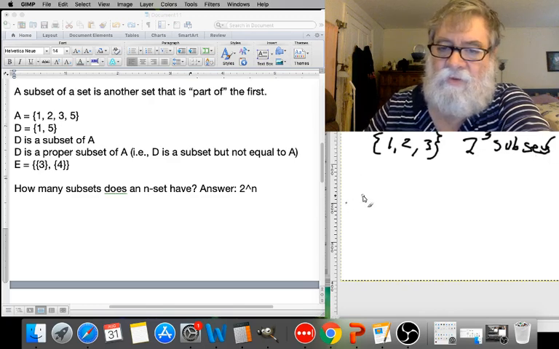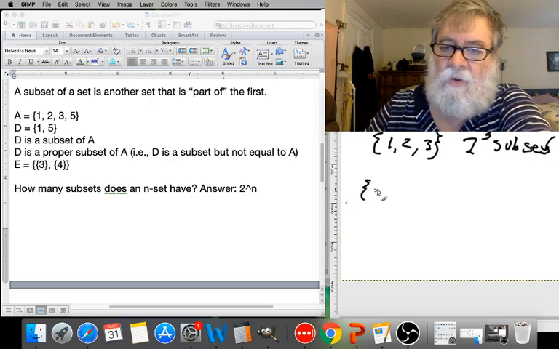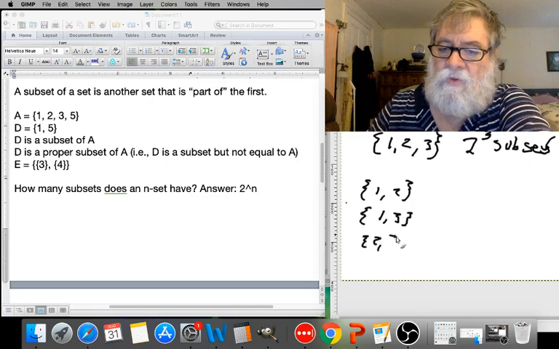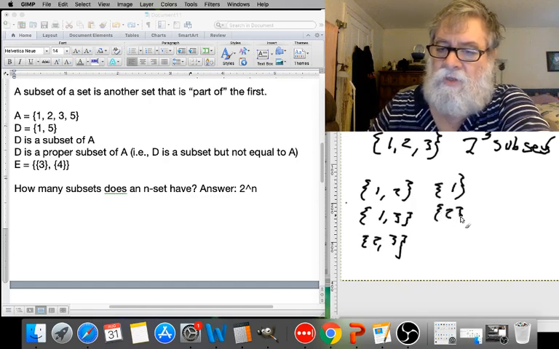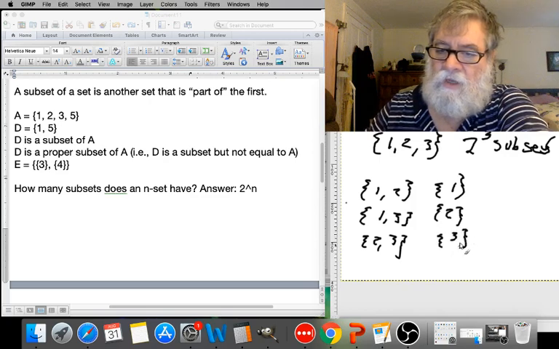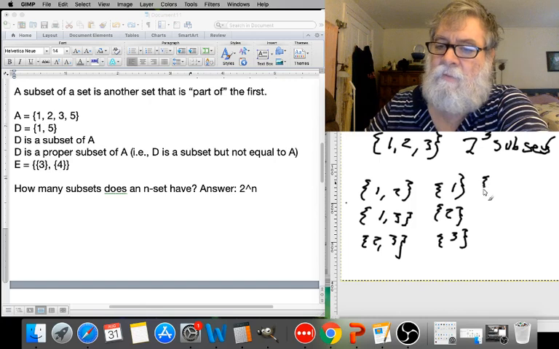So here they are. 1 and 2. 1 and 3. 2 and 3. Just 1. Just 2. Just 3. And then the whole set is itself its own subset.